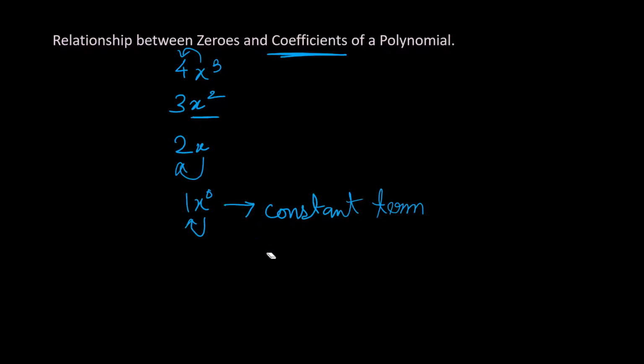Now let's see how zeros of a polynomial are related to its coefficients. Say we have a polynomial ax square plus bx plus c.